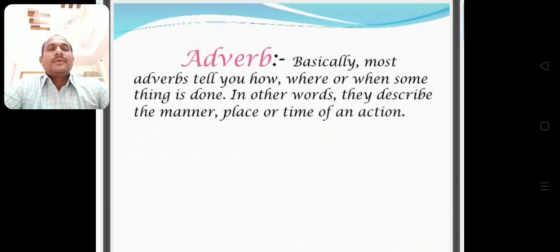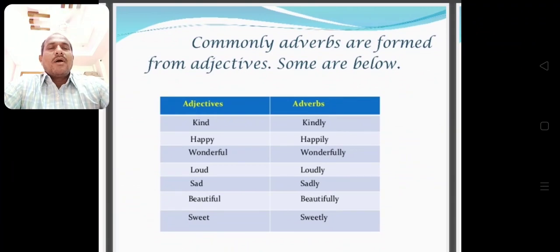So an adverb shows the manner of an action, where the action occurred, and also the time of the action. Commonly, adverbs are formed from adjectives. Some are below. See the chart.